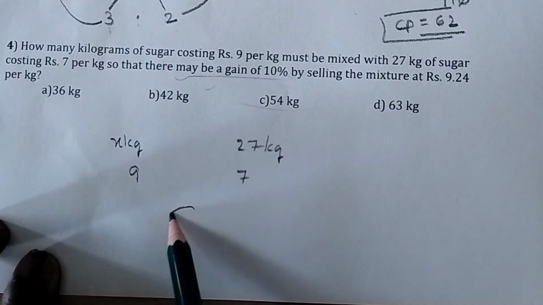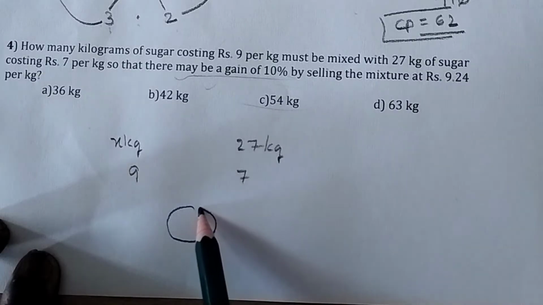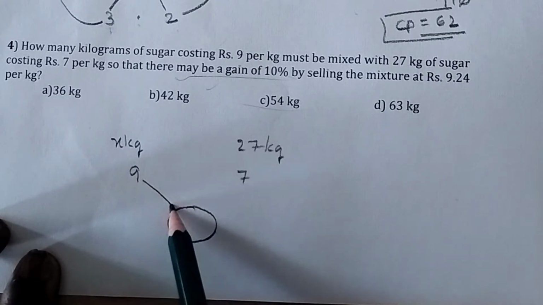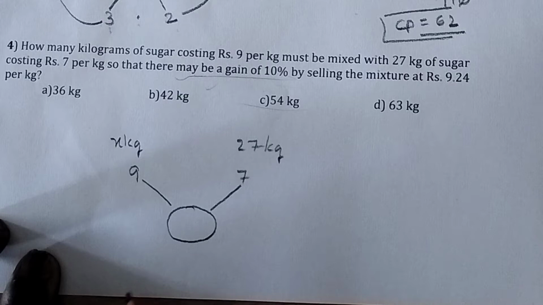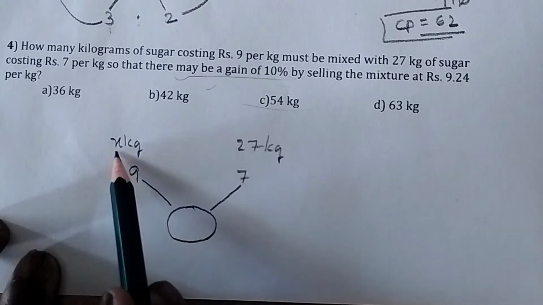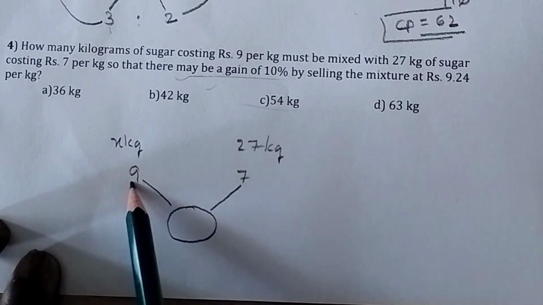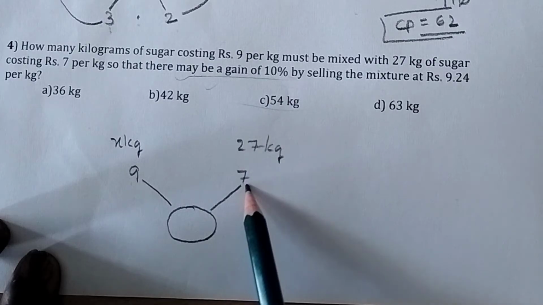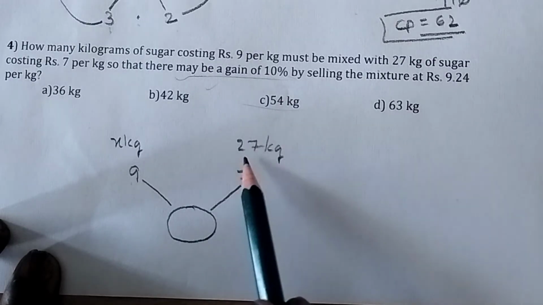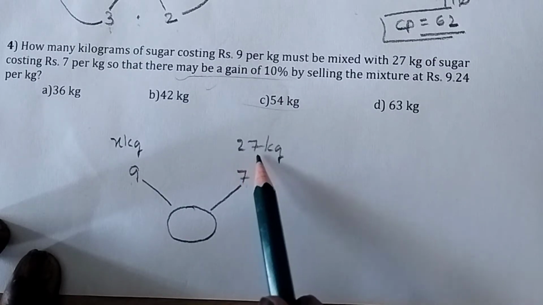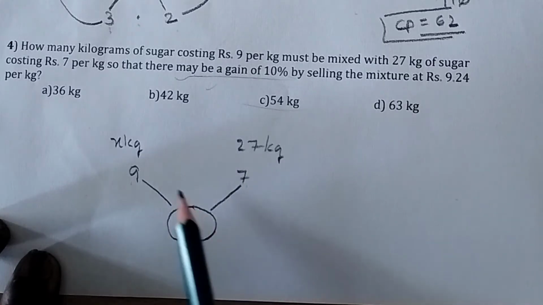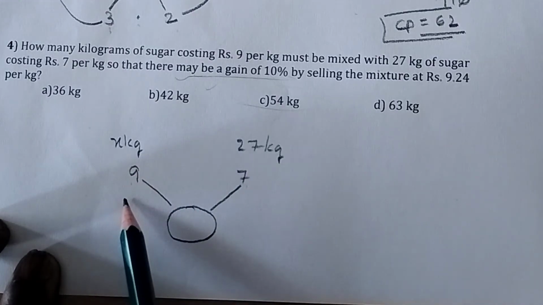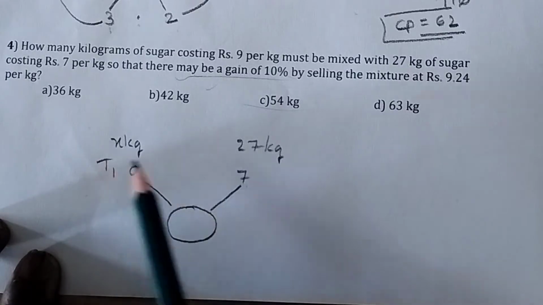So try to understand this question. I am going to compare with the previous one. He is not asking to find out the ratio. He is asking to find out how many kilograms of the type 1 is going to be mixed with the type 2, which is of 7 rupees per kg. The number of kgs are 27. So that means indirectly he is asking to find out the ratio between the type 1 and type 2.